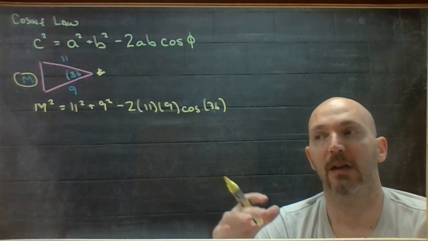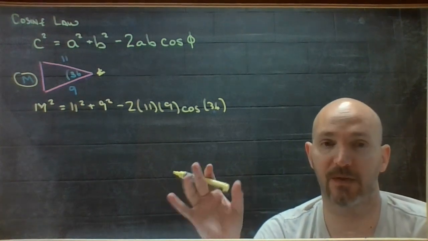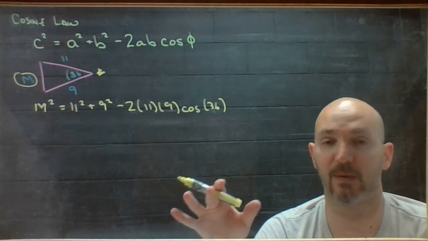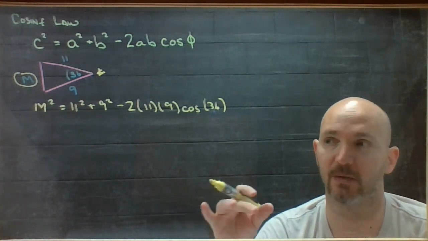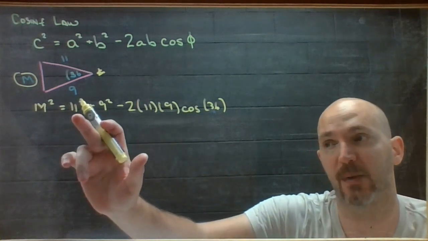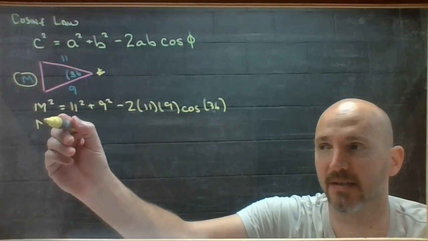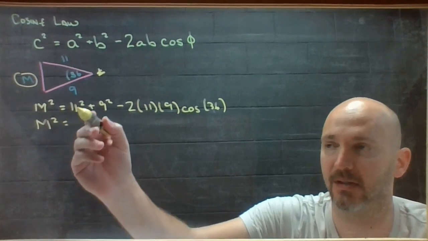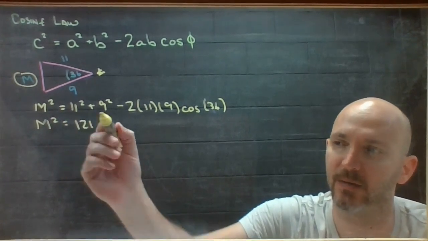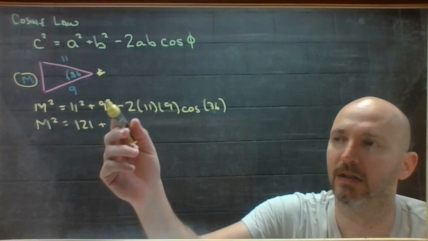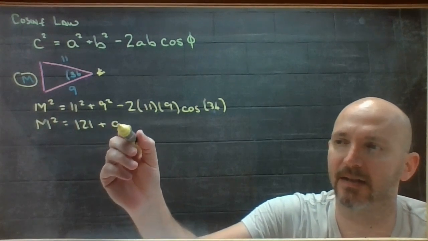Okay, so you've got a whole bunch of numbers there and a whole bunch of work to do with order of operations. So I've seen 11 squared here with some adding. The square is going to take precedence over the adding, so I'll do it first. 11 times 11 is 121. 9 squared is 81.